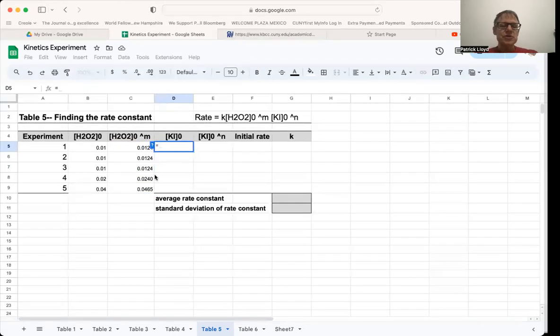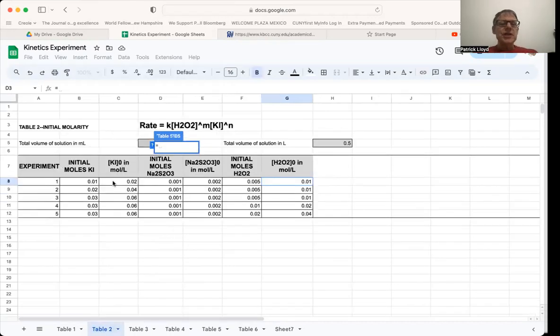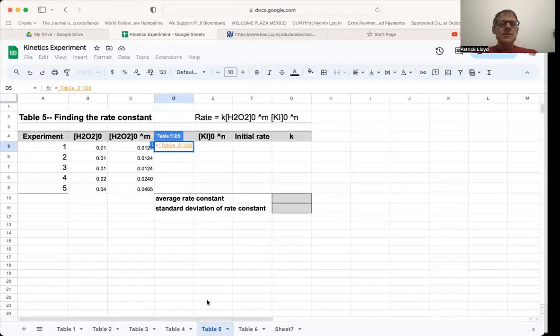So for the initial concentration of KI, we go back all the way over to table 3, oops, sorry, table 2. Initial concentration of KI, here it is, 0.02. And we're going to fill that down. There we go. Again, the concentration's changing and then not changing. Equal sign, concentration raised to the n.